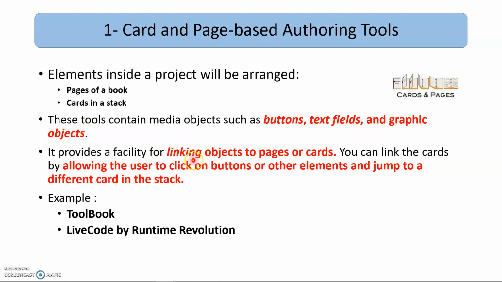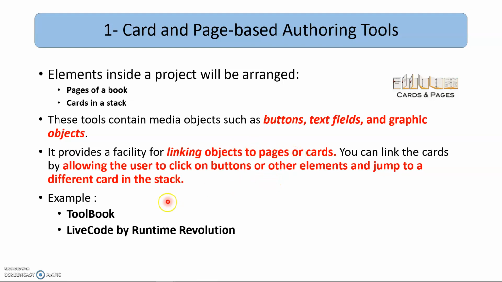For example, you have a lot of pages for your project and you want to view it like a book, meaning that you want to click next like a book, where you can just flip through the book pages. It provides a facility for linking objects to pages or cards.